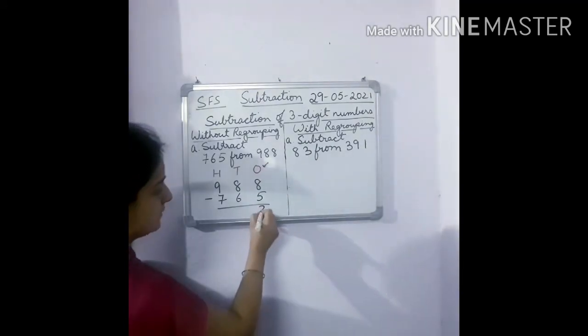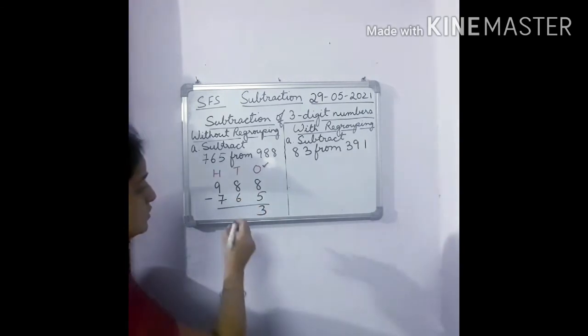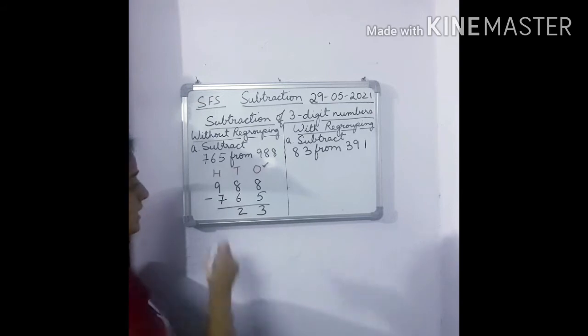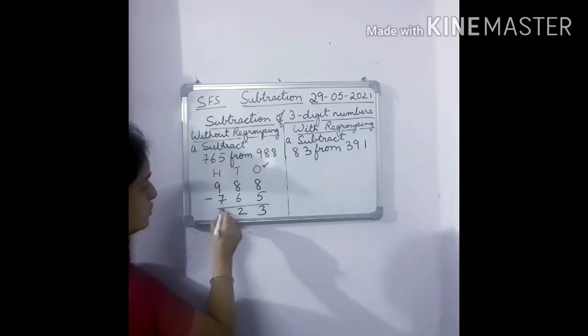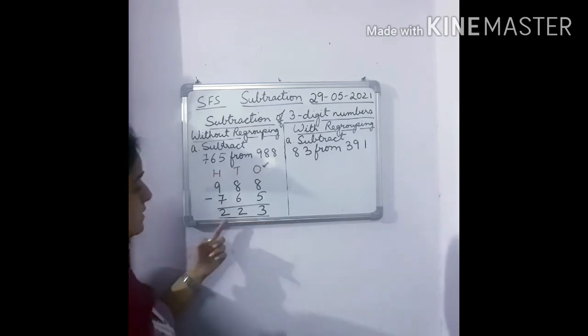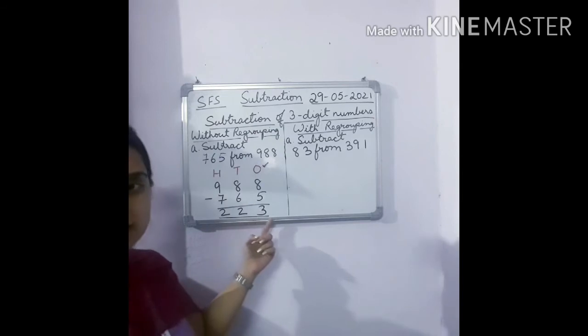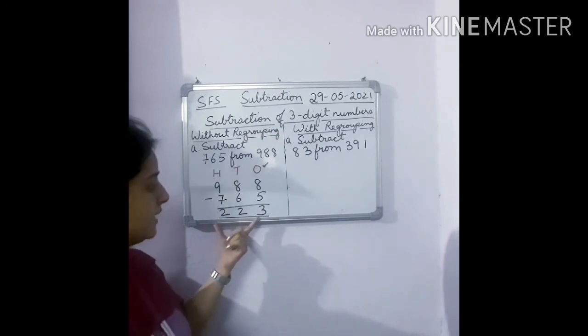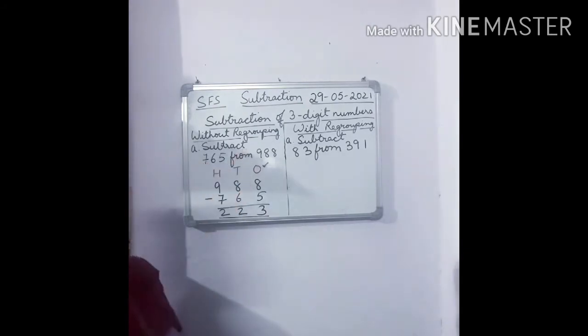Yes, 3. Then 8 minus 6 is what, children? 2. Then 9 minus 7 is what, children? Yes, 2. So what difference did we get? 223. This is the difference. This is the remaining. Okay. So this is what? Subtraction without regrouping.